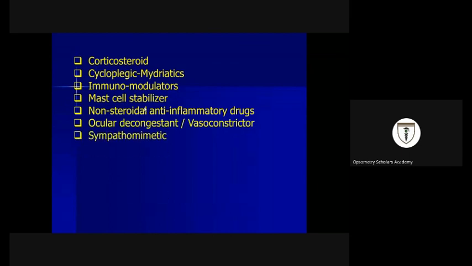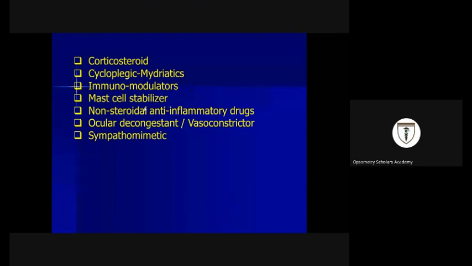So we have the ocular decongestants or vasoconstrictors. Those are also a classification, because what this drug does is to clear redness of the eyes. Most of the redness is a result of allergic conjunctivitis or inflammation.